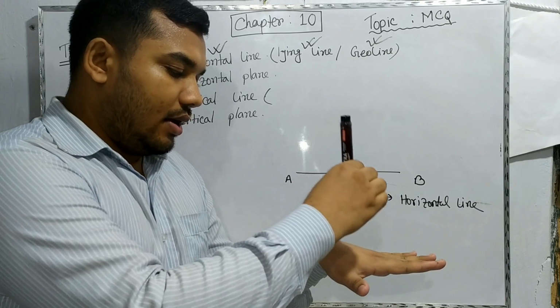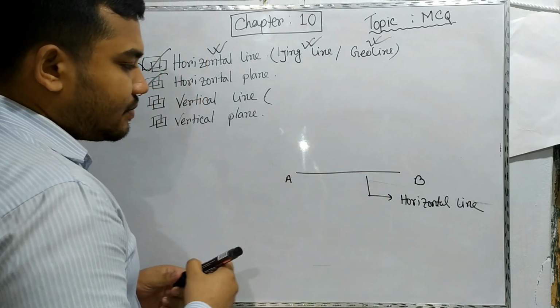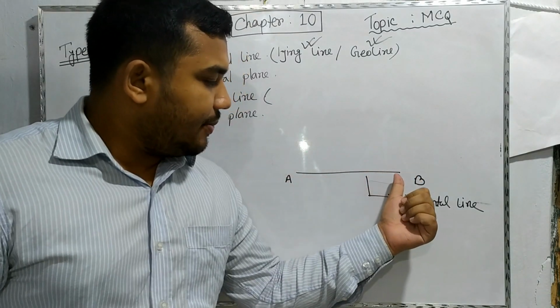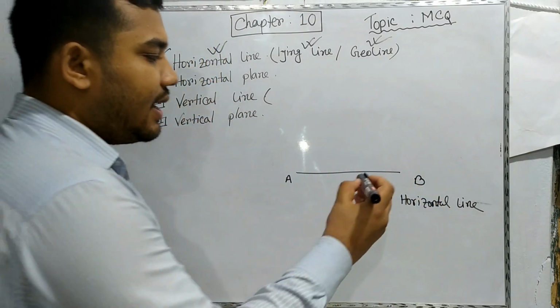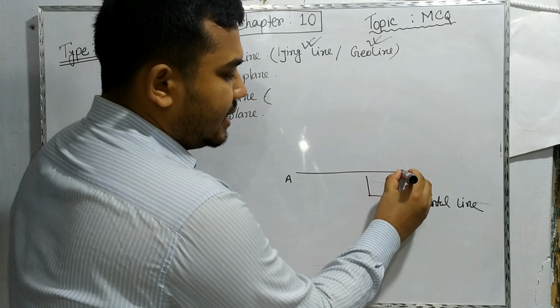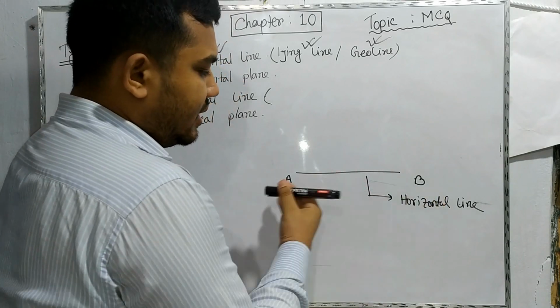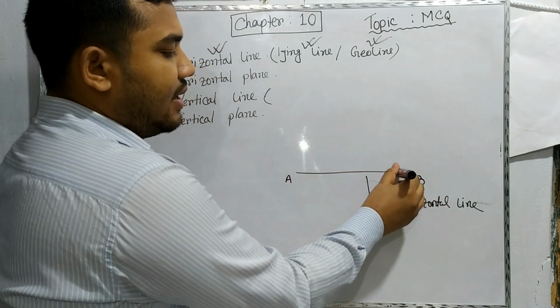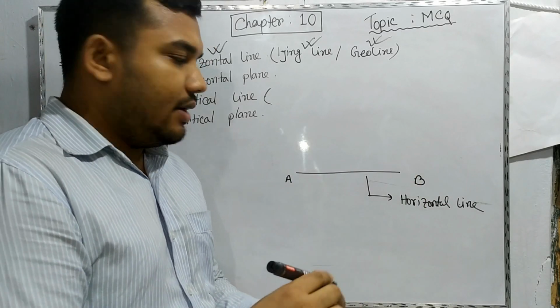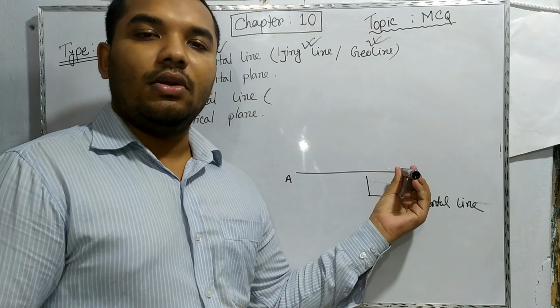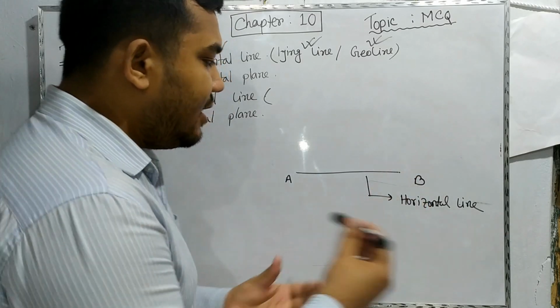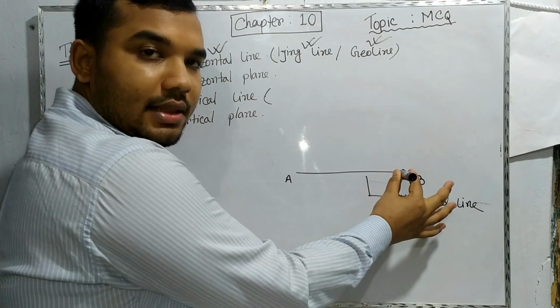So generally we can say, suppose this is the horizontal line. If we are considering a line like this, so this is the line in this surface, and if we are considering any line which is perpendicular to the line, that is called the vertical line. So generally the vertical line can remain like this.